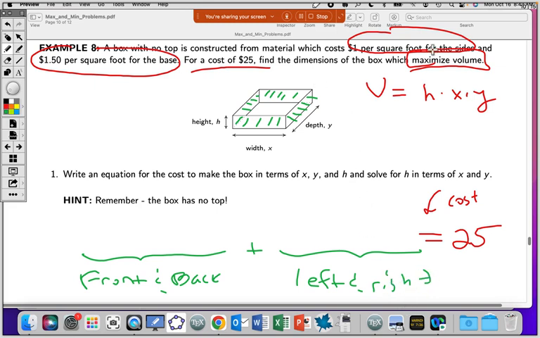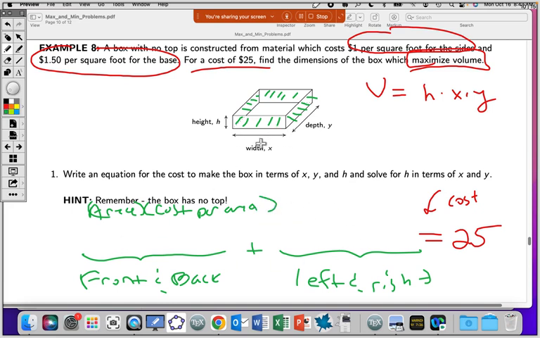All right. It says the sides cost $1 per square foot. Okay, so I'm going to have to get the area of the sides and then multiply it by 1. So what's the area of the front? I take area times cost per area.